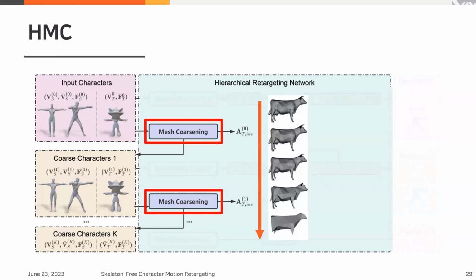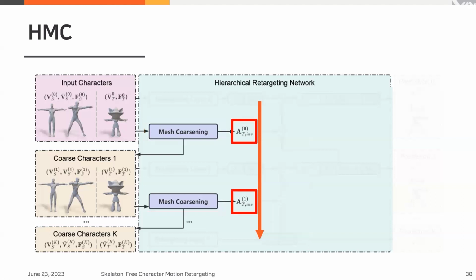So given the high resolution source meshes and target rest mesh, the recursive mesh coarsening process is applied k times to coarsen inputs to low resolution meshes, which possess the fewest vertices while keeping the character's morphology.